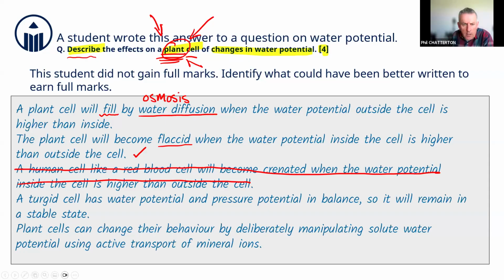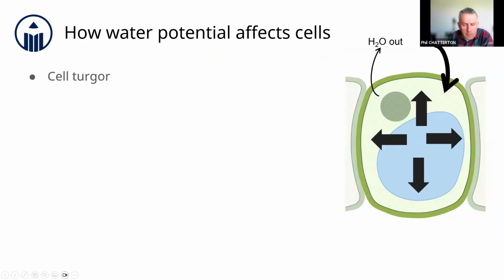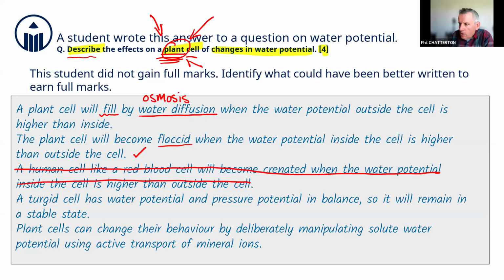A turgid cell has water potential and pressure potential in balance, so it will remain in a stable state. Well, that's not entirely true either, in the sense that there is a state of balance in the cell, but it doesn't mean that the solute potential and the pressure potential are equal. The solute potential could be minus 300, say, and the pressure potential wouldn't be plus 300.